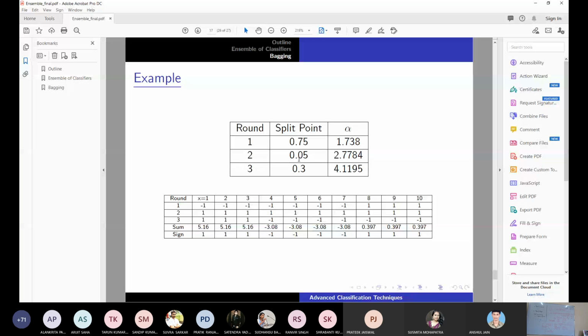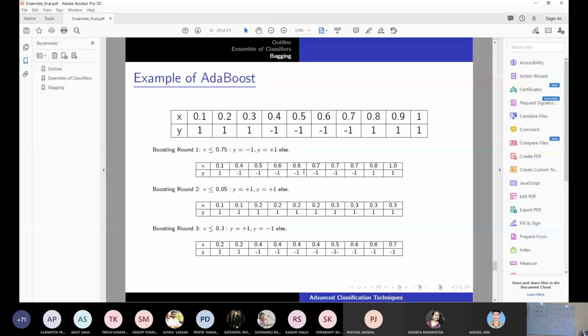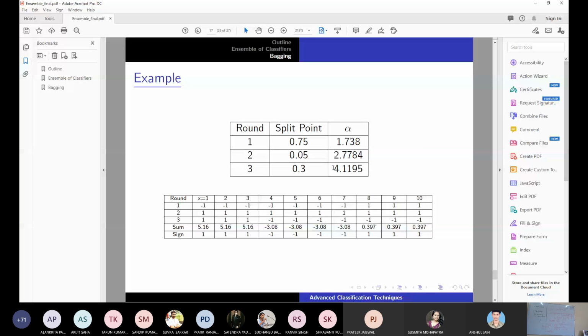The second decision stump was 0.5 and that weight is 2.7784. You computed that: alpha t equals half of ln of 1 minus epsilon t by epsilon t. And similarly, the last split point was 0.3, so you compute here 0.3 and this will be 4.1195.